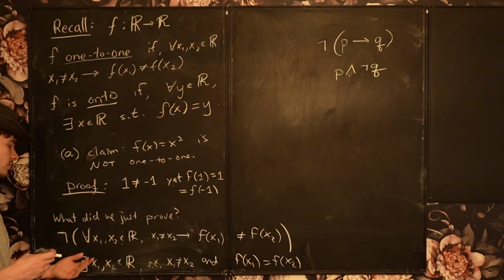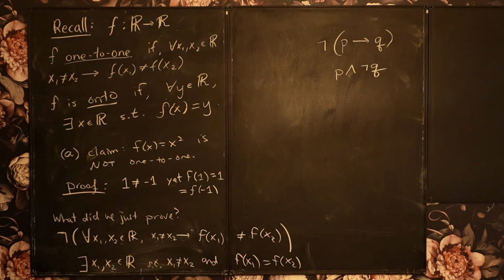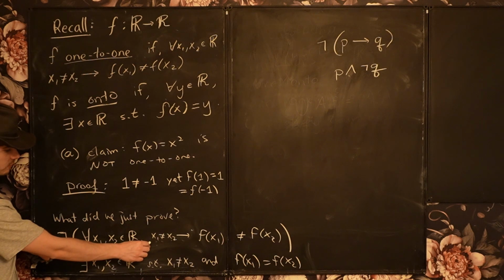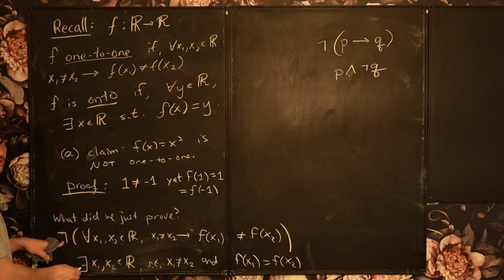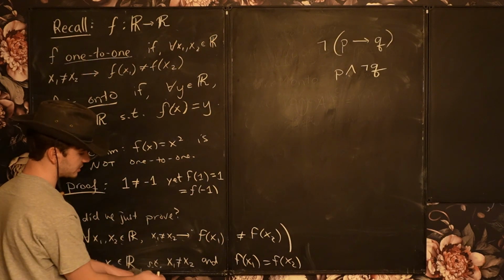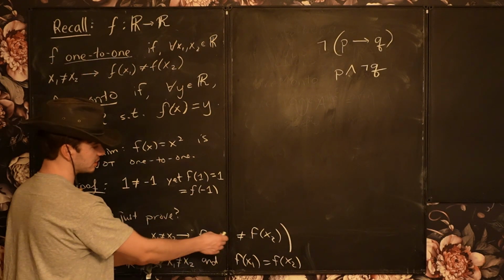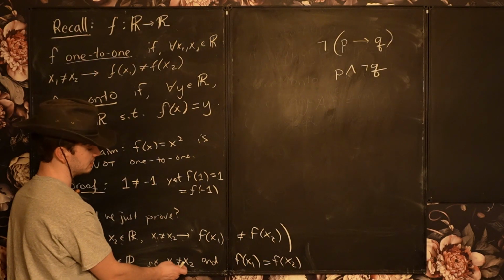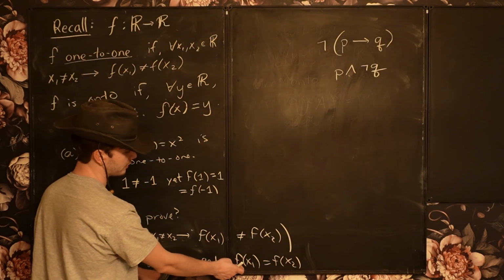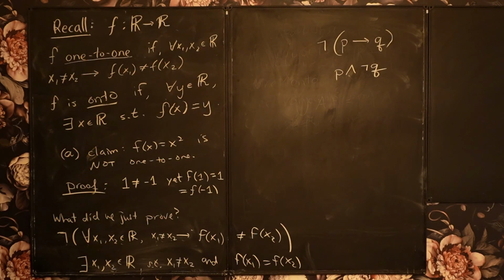So essentially I'm bringing the negation quantifier inside the for all symbol, and it becomes an existence symbol, and then I negate the P implies Q statement, and the negation is P and not Q. So not Q is f of x1 equals f of x2.